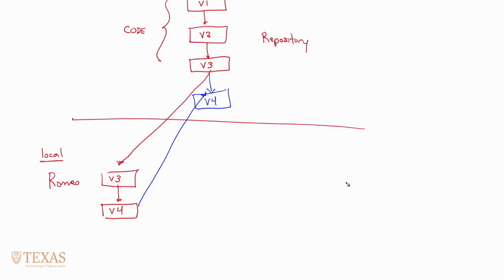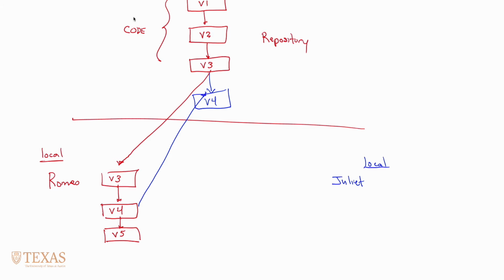However, if you have another user, Juliet, who also is working locally, and she wanted to collaborate with Romeo, say Romeo made some changes to the code, we'll call V5, but Romeo needs Juliet's help to complete these changes.